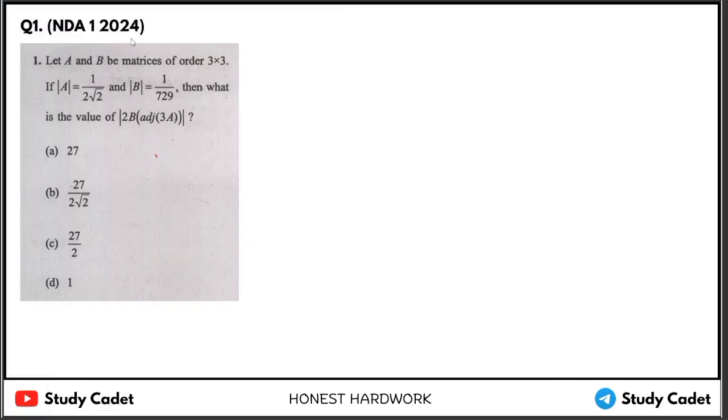NDA 2024. Let A and B be matrices of order 3 cross 3, and we need the value of this determinant. Simply we need to split this.